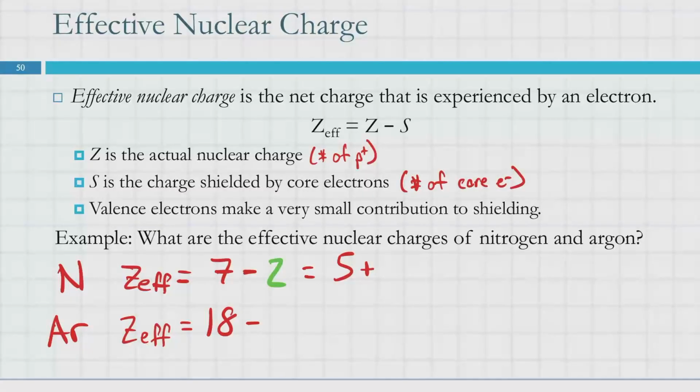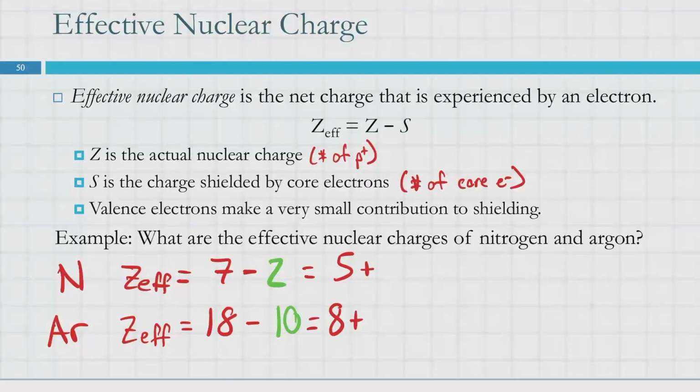Neon has 10 electrons, meaning that argon has 10 core electrons. So argon has an effective nuclear charge somewhere in the range of 8+. So imagine we've got our outermost shell of electrons: if they're experiencing a 5+ nuclear charge versus an 8+ nuclear charge, the 5+ nuclear charge will be drawn in a certain amount.